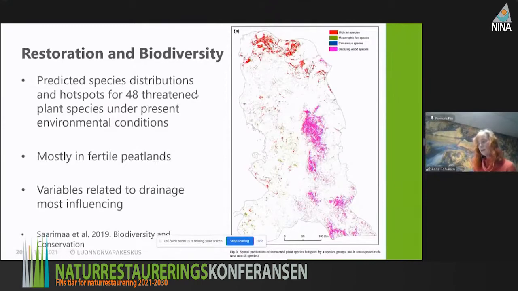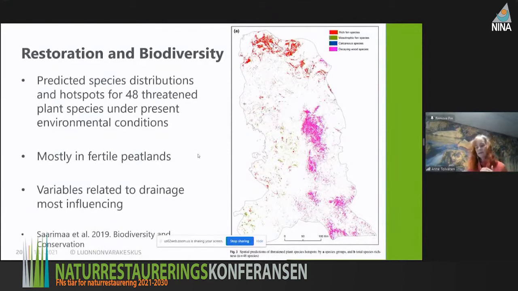But here you can see that the threatened species mostly like the fertile, nutrient-rich peatlands. So that's where we potentially get the benefits of restoration also from these fertile peatlands. When we looked at those, we tested about 20-30 environmental variables. The final setup was about, I think, 7 environmental variables, but the variables explaining the distribution of these threatened species the most were related to drainage.